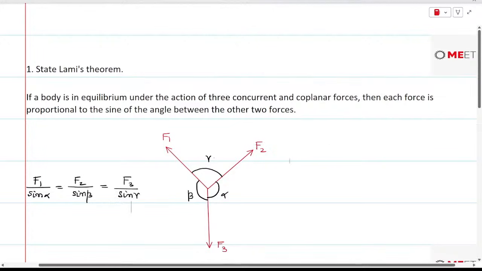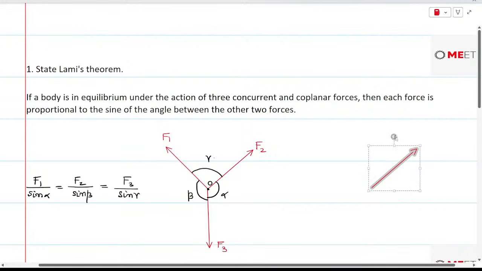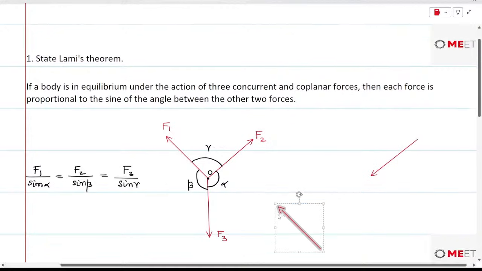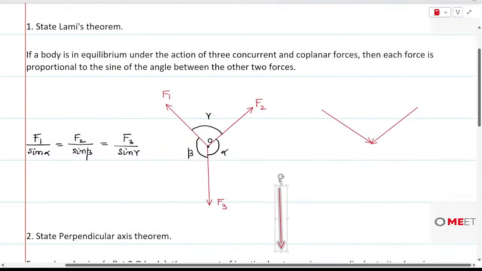So the forces should be converging, or else they should be diverging away from this point O, or else the forces should be meeting at the same point. So let's say this is F2, and if I reverse the direction of F2, in the same way the direction of F1 also has to be reversed, and F3 also has to be reversed.